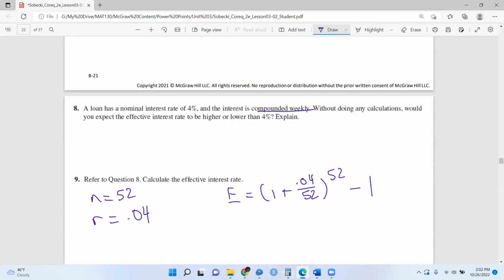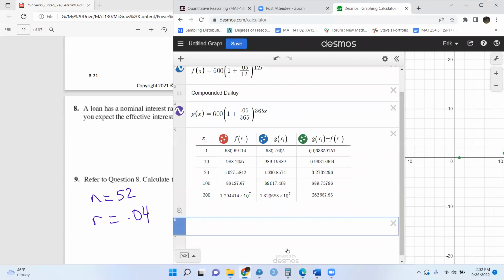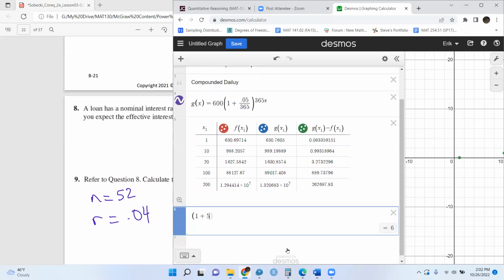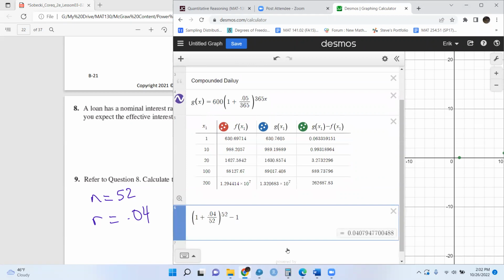I'm going to smash that in Desmos. 1 plus, nope, 0.04 divided by 52, raised to the 52 power, minus 1. All right, it's 0.04079.